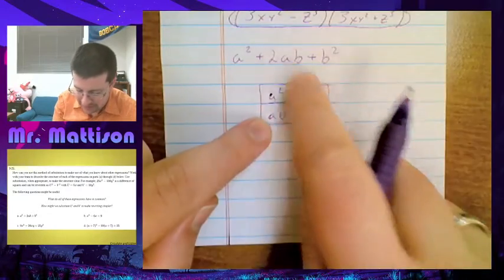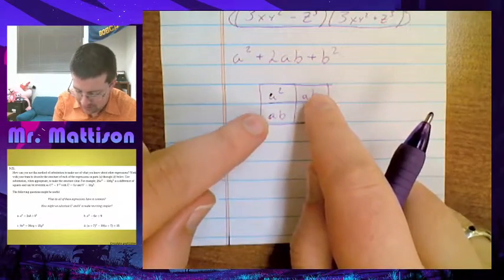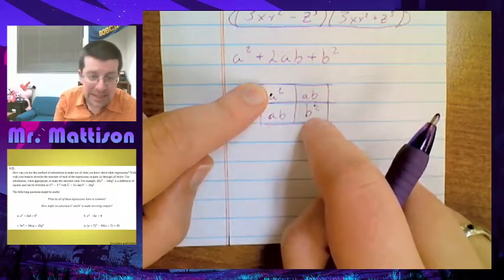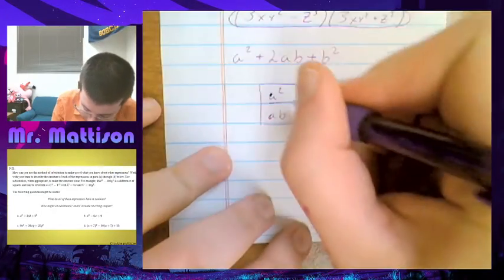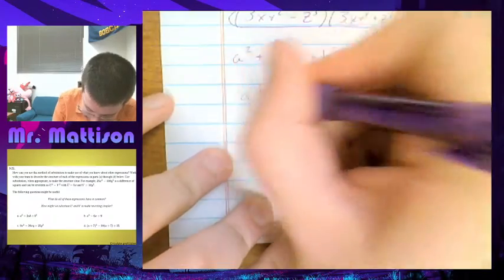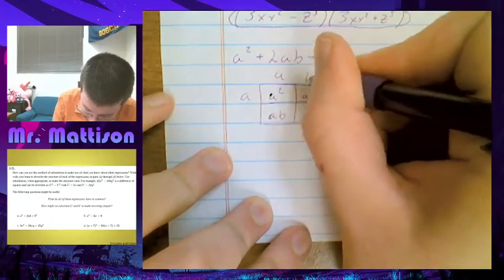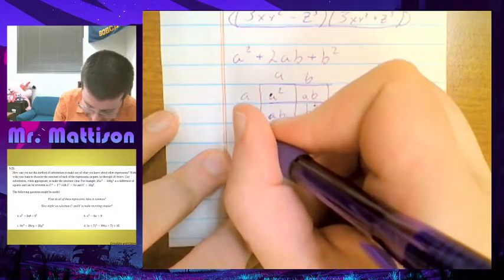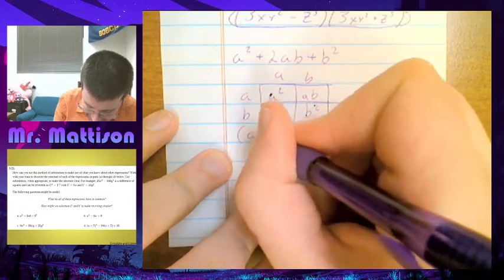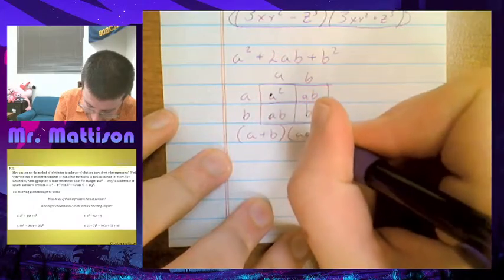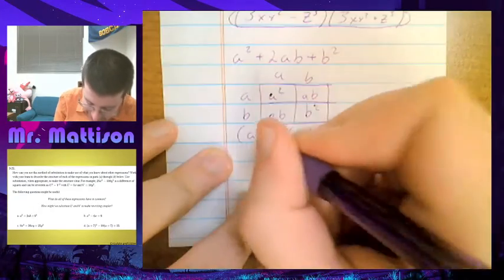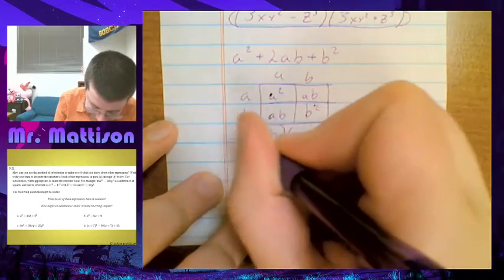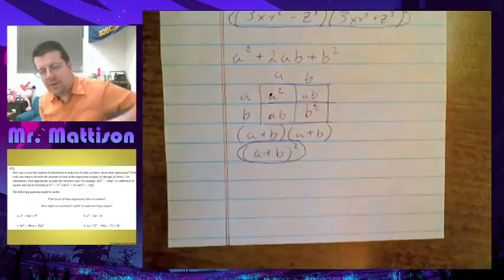Because these two add to be that, and multiply to be a squared times b squared. So if I pull out my common factors, I have an a here, an a here, a b here, and a b here. So this, I actually end up getting a plus b times a plus b, also known as a plus b squared.